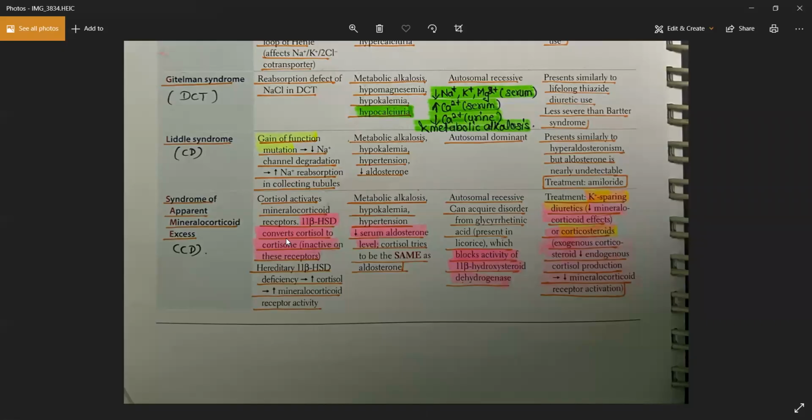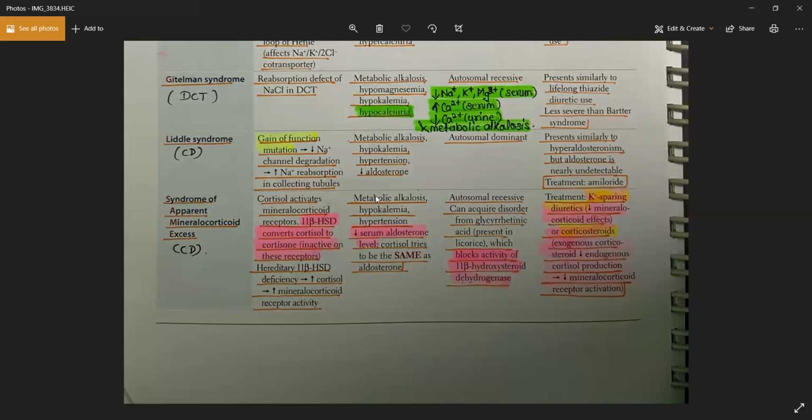So in that case, you will have high cortisol levels, and that causes activation of the aldosterone receptors, because you know that cortisol also has mineralocorticoid function, right? Go back to Cushing syndrome. I told you that cortisol also activates these mineralocorticoid receptors. So it causes hyperaldosteronism-like symptoms. Symptoms will be exactly similar to those of Liddle syndrome.